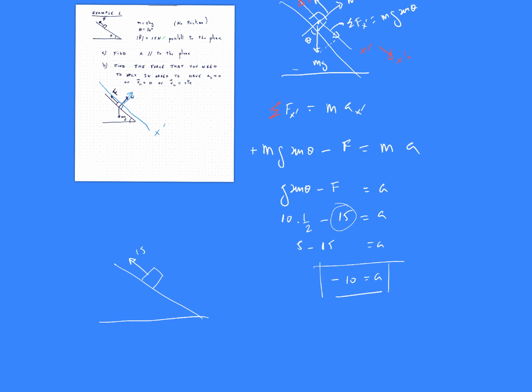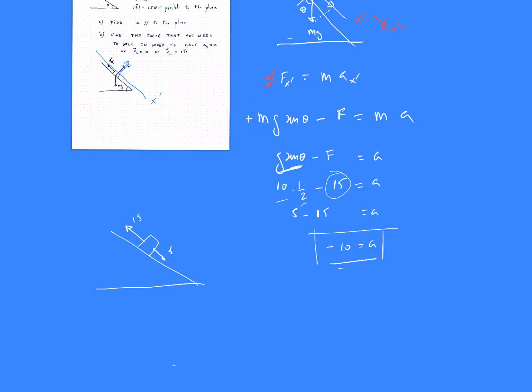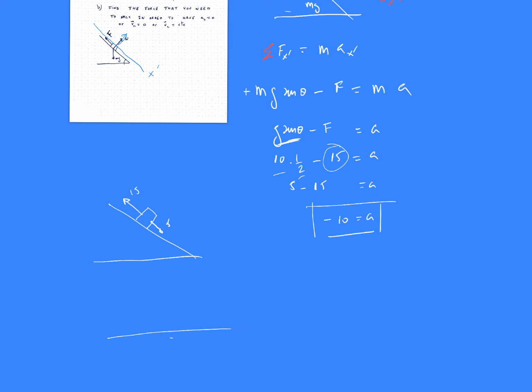How many newtons do I have going downwards? g sine of theta, 10 times 1/2, since sine of 30 is 1/2. So it's 5 newtons going downwards. So the total force that I have is 10 newtons going upwards. If I want to create a situation of equilibrium, I need to put 10 newtons going downwards. 10 newtons going downwards will make zero acceleration.